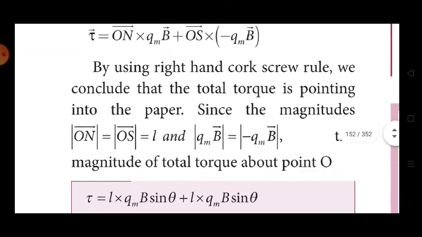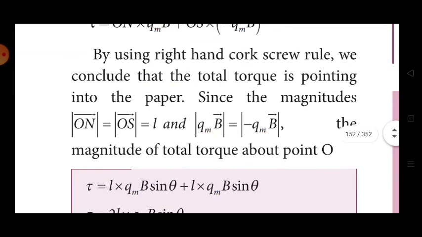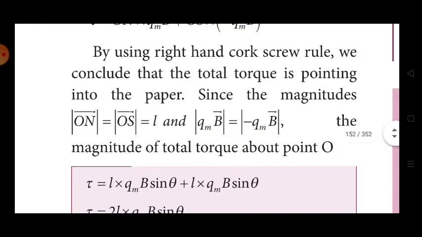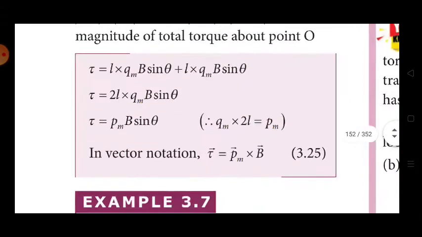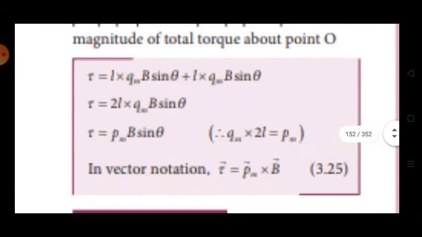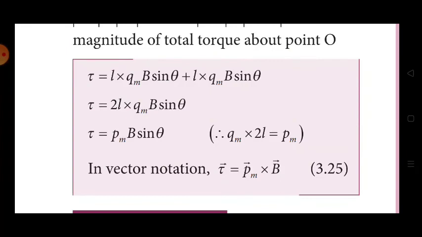Since the magnitudes of ON vector and OS vector are equal to the length of the bar magnet, and the modulus of QmB vector is equal to the modulus of minus QmB vector, the magnitude of total torque about point O we got like this in the derivation, and finally equation number 3.25.